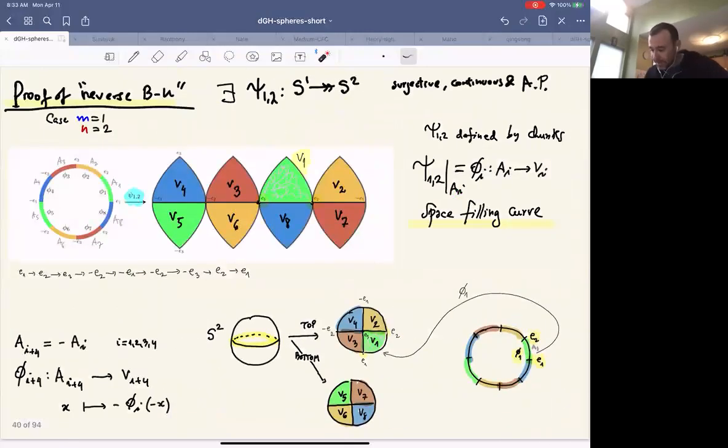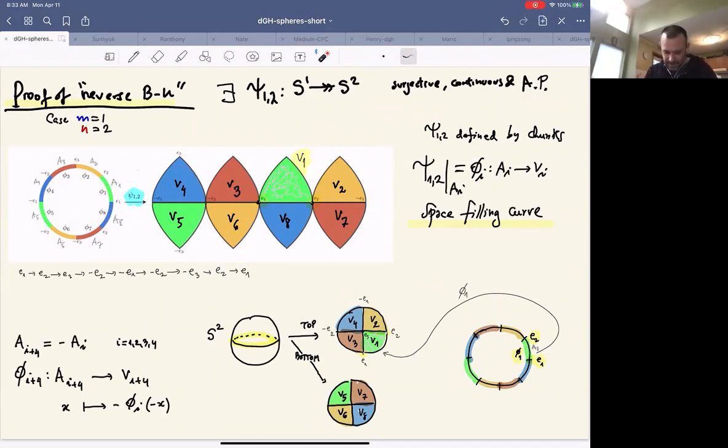And how do we prove this? Well, the idea is, and here I'm going to discuss in a couple of minutes the main ideas that appear when you try to prove it for m equals 1 and n equals 2. So we want to construct a surjection from S1 to S2, which is continuous and antipode preserving. And phi_12 is defined by parts, by chunks.